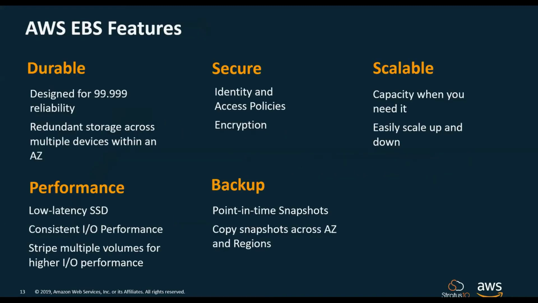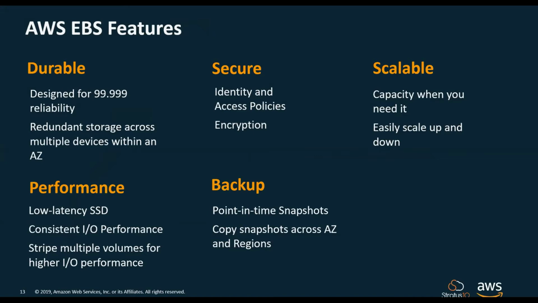EBS volumes, or EBS storage, is durable, designed for five nines of durability and reliability. It is redundant across multiple devices within the same availability zone. It's secure. You can enable encryption at rest for it, and you don't have to worry about how it's encrypted or decrypted. AWS manages all that.